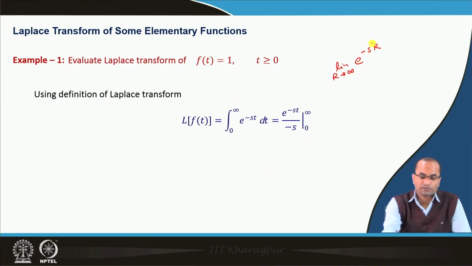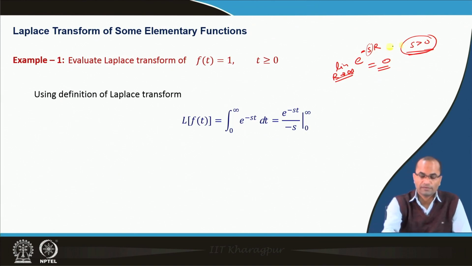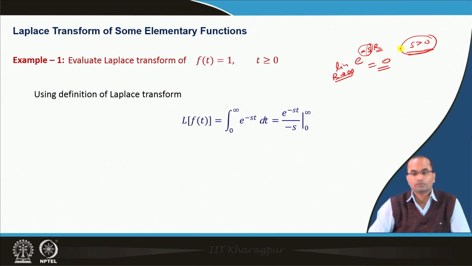Naturally it depends on s. This is a finite number not for all values of s, but when s is positive. If s is positive, then e power minus s r goes to 0 as r goes to infinity, but if s is negative, this minus s will make the exponent positive with r, and as r approaches infinity, this will go to infinity.